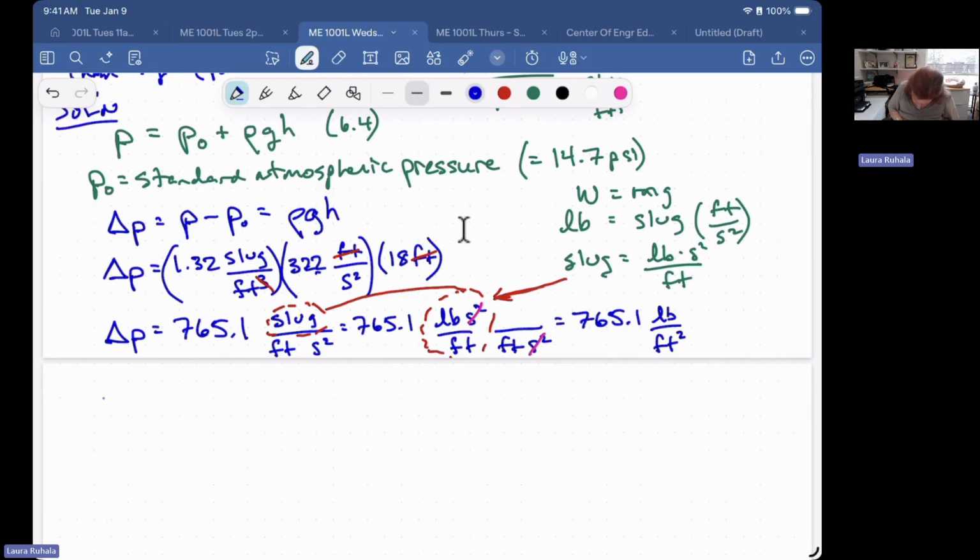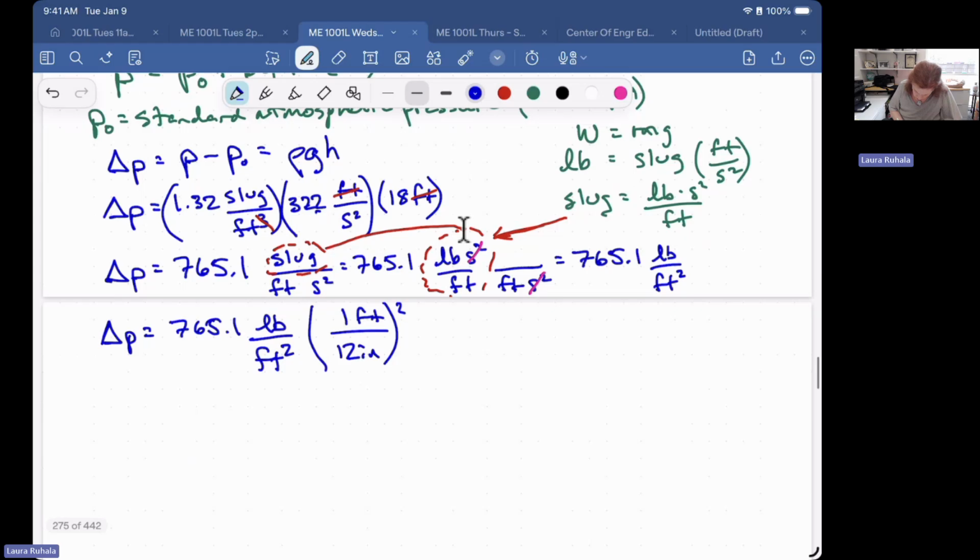So I can go ahead and convert that, and I'll say delta P is equal to 765.1 pound per square foot times, I know 1 foot is 12 inches. That has to both be squared. And so the change in pressure is 5.31 pound per square inch, PSI.